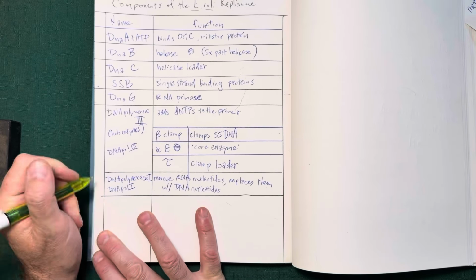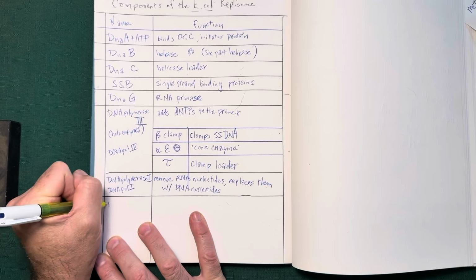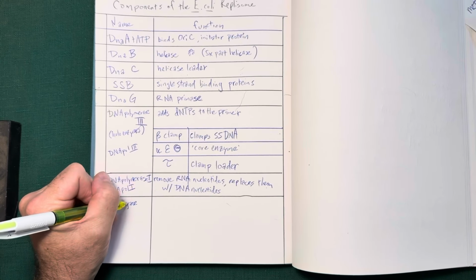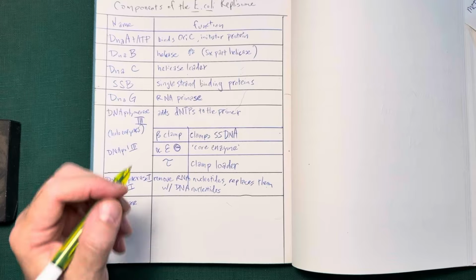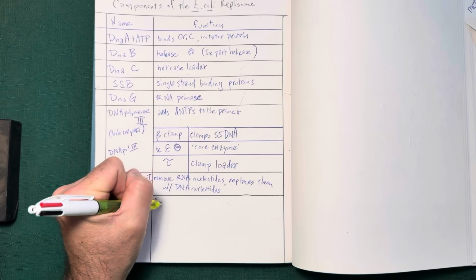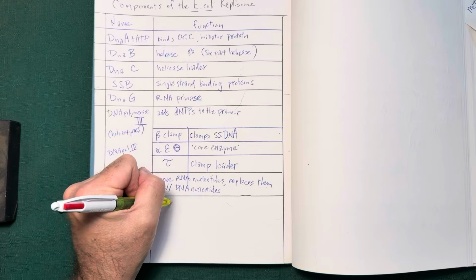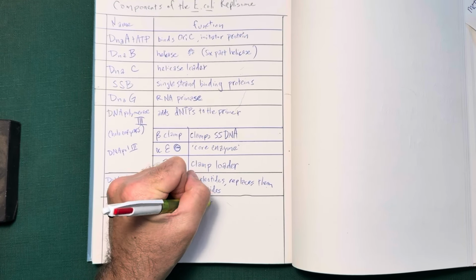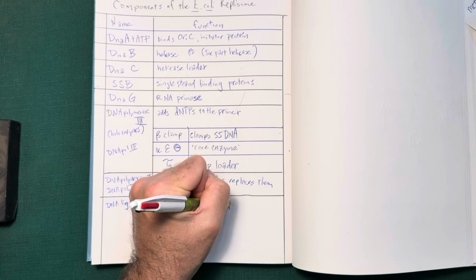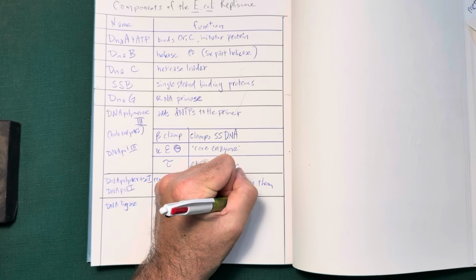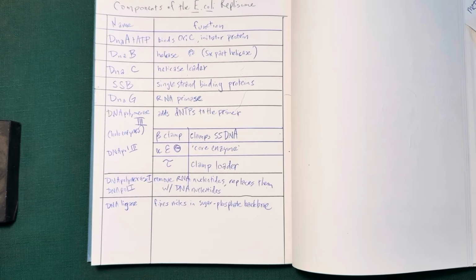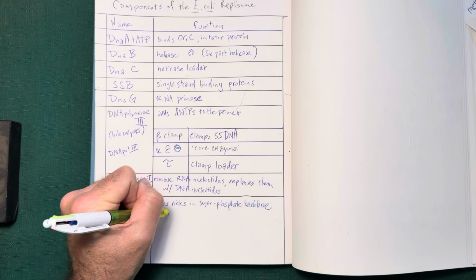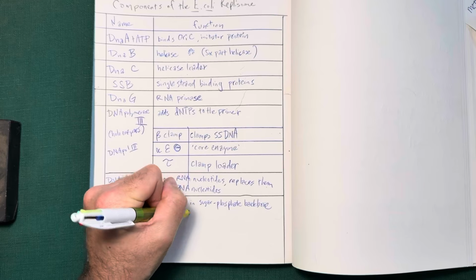Okay, so the next component of our replisome is going to be DNA ligase. And ligase fixes what's known as nicks in the sugar phosphate backbone. So it's going to end up joining the Okazaki fragments together.